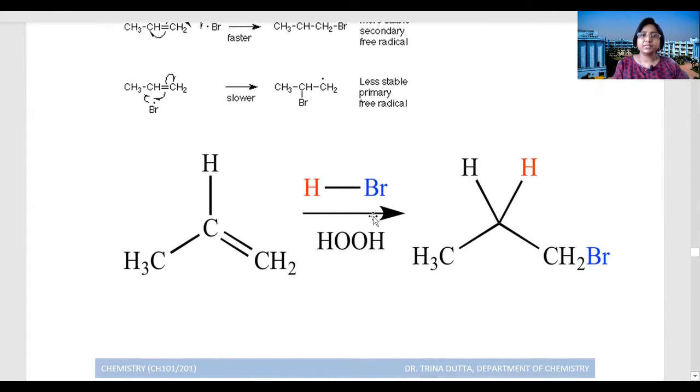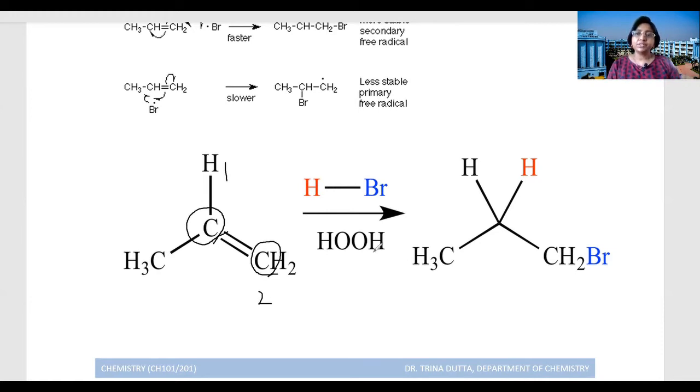So see this picture. Here the hydrogen and bromine, and you can see this carbon contains 1 hydrogen and this carbon contains 2 hydrogen. Okay, so in the first figure you have seen, it will be just the reverse of that.